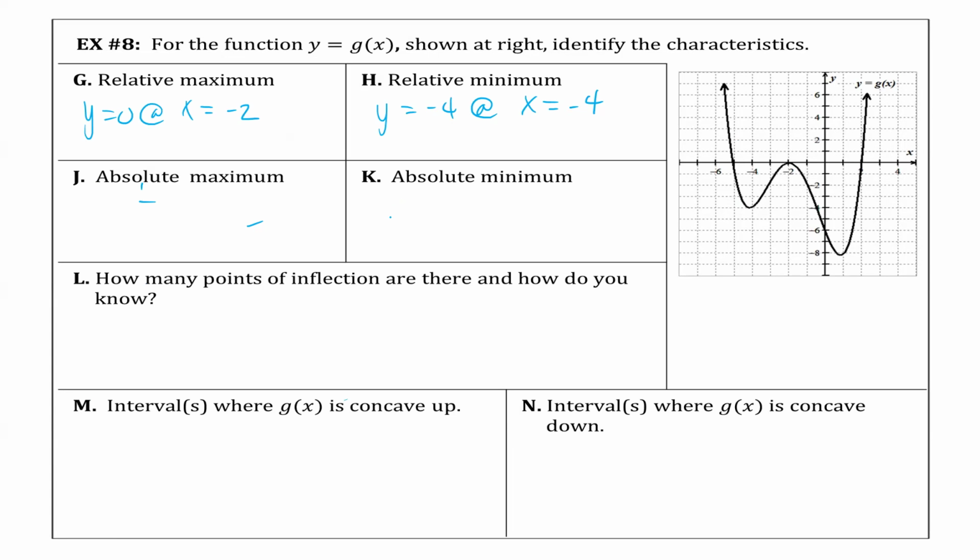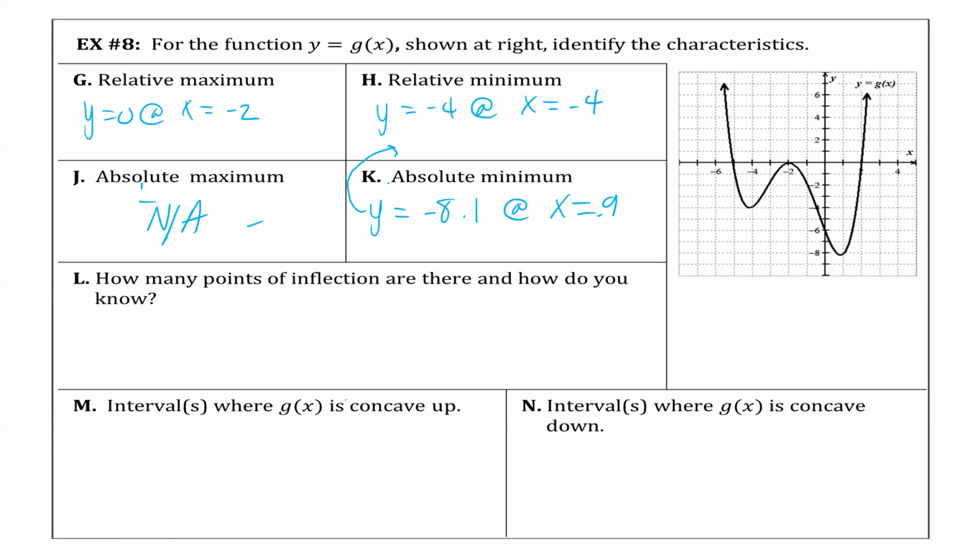Where else? Anywhere else? What's the other one? My absolute. And where's my absolute? There we go. What about absolute maximum? Okay. I'm going to double check. If it asks you on the test, it may include your absolute and your relative together.